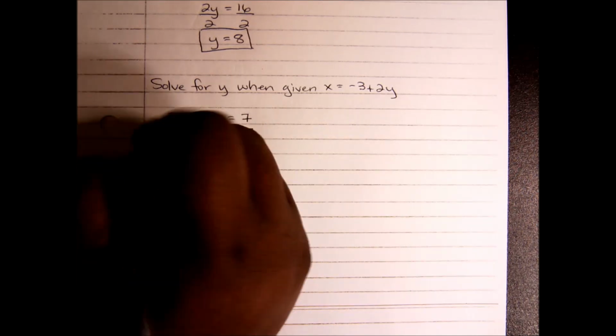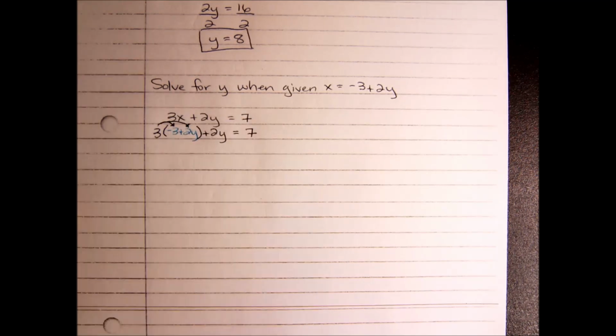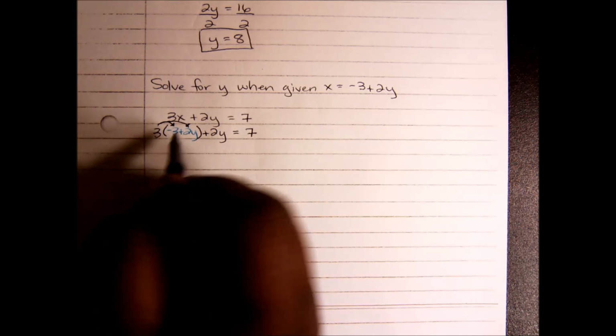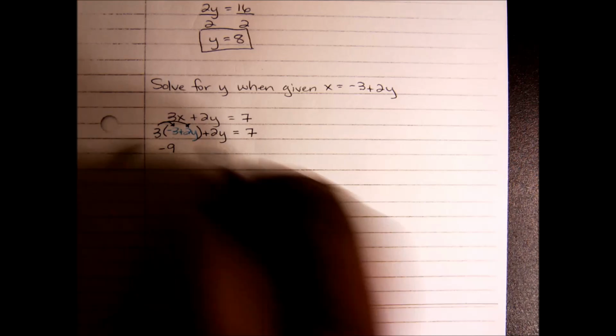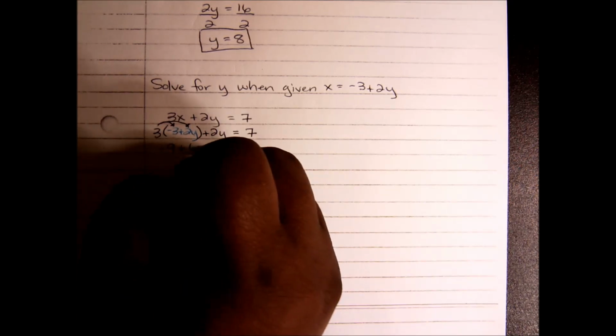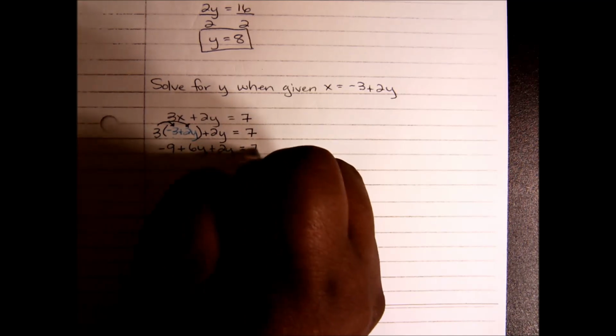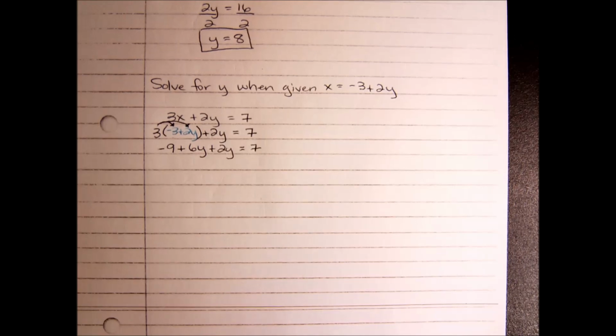So using distribution, we multiply the 3 that's on the outside of the parentheses times each item inside. 3 times negative 3 is negative 9. And 3 times 2y is a positive 6y. We still have plus 2y. And all of this equals 7.